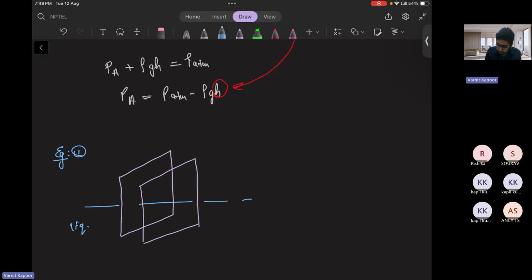Eventually, some liquid will rise till here, in between the plates.